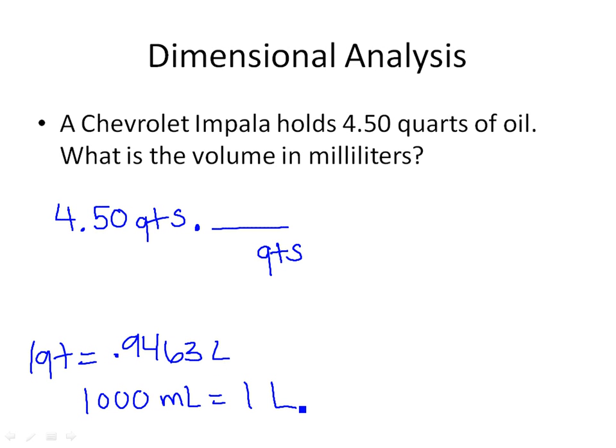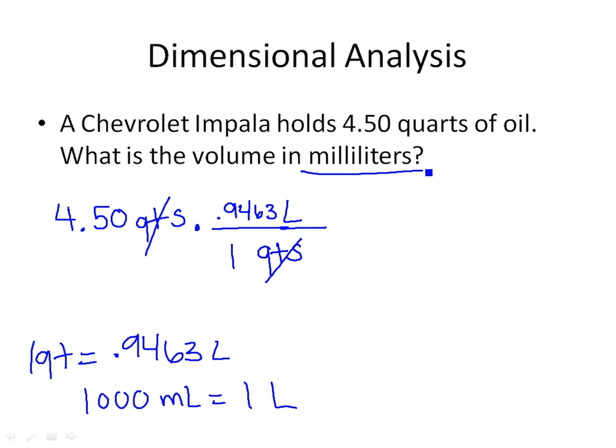Okay, so we have 1 quart is equal to 0.9463 liters. Okay, so our quarts will cancel. And whatever you're left with on top as your units is the units that you are supposed to be trying to find. Okay, so here we have liters on top, and we know that we are looking for milliliters.